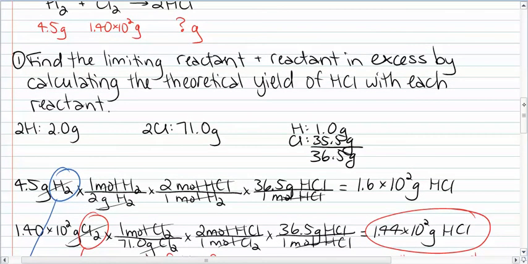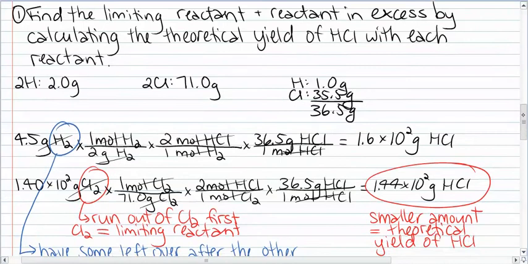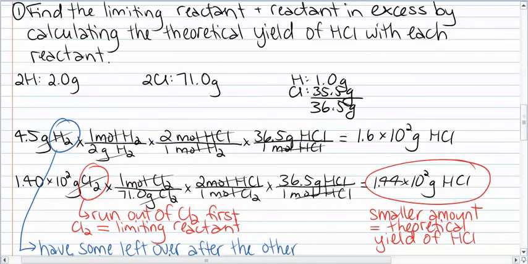When we finish the calculations, we find that we can make 1.6 times 10 to the power of 2 grams of HCl with the amount of H2 that we're starting with. And we can make 1.44 times 10 to the power of 2 grams of HCl with the amount of Cl2 that we're starting with. So the theoretical yield of HCl is the smaller of those two answers.